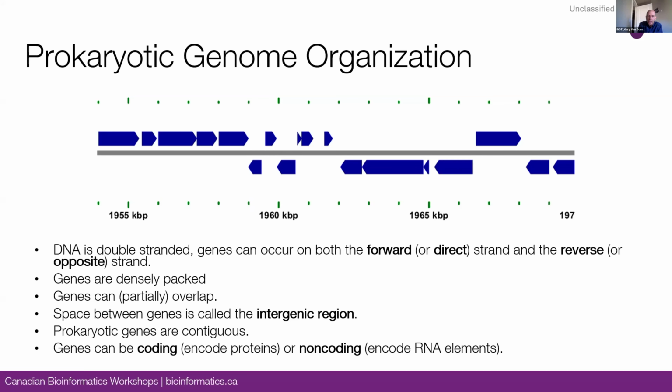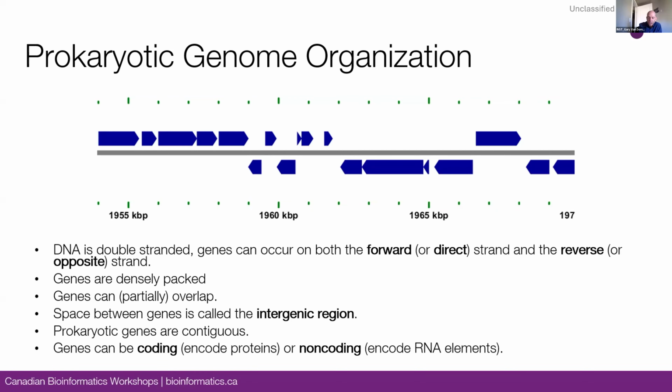Those are the parts that don't contain genes, but they can be important. The genes themselves are contiguous, in contrast with eukaryotic organisms, which have introns and exons that distribute that protein coding information over long regions of a genome.